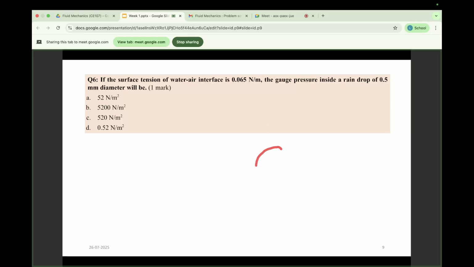If this is a droplet, I have cut it through the middle cross section, so that will look like a hemisphere, right? The pressure force, the gauge pressure, is always acting inward.